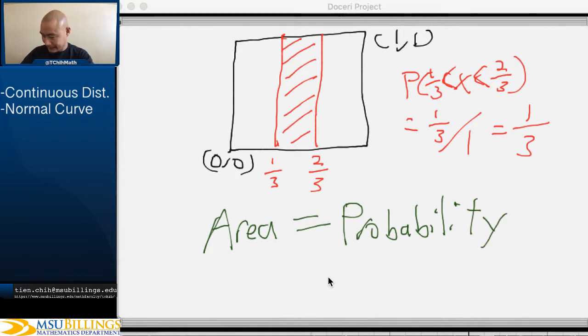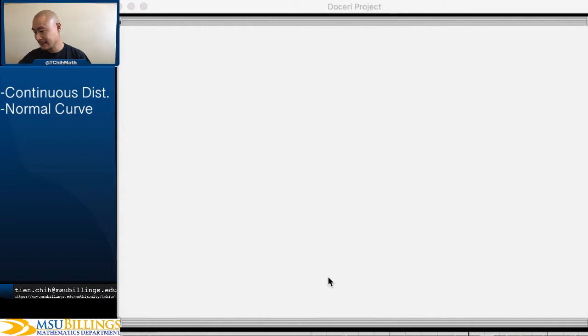And I'll probably be using the same language back and forth. Now we should probably put the equal sign in quotes, but the way we want to think about probabilities going forward is as areas.